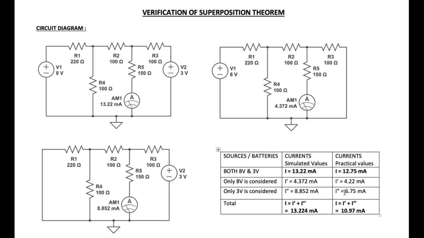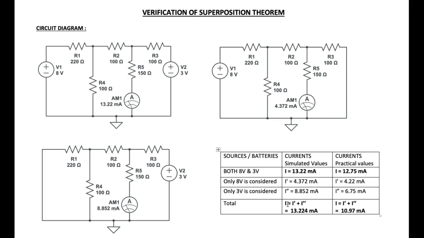source current. Now the total value, according to superposition: the current passing through 150 ohms will be equal to the currents measured with only one source present added up at the end, and that final value will be the original current measured when both the sources are present. So here both batteries, that is voltage sources, are present.